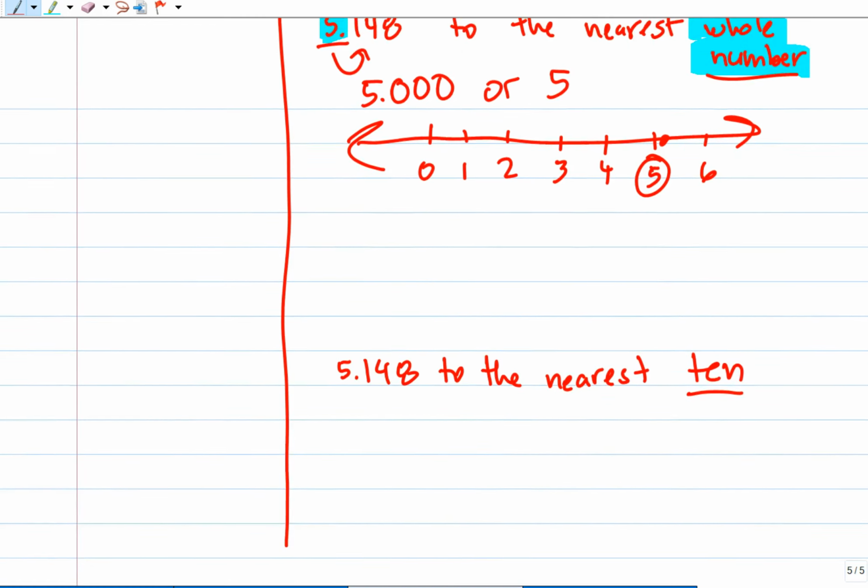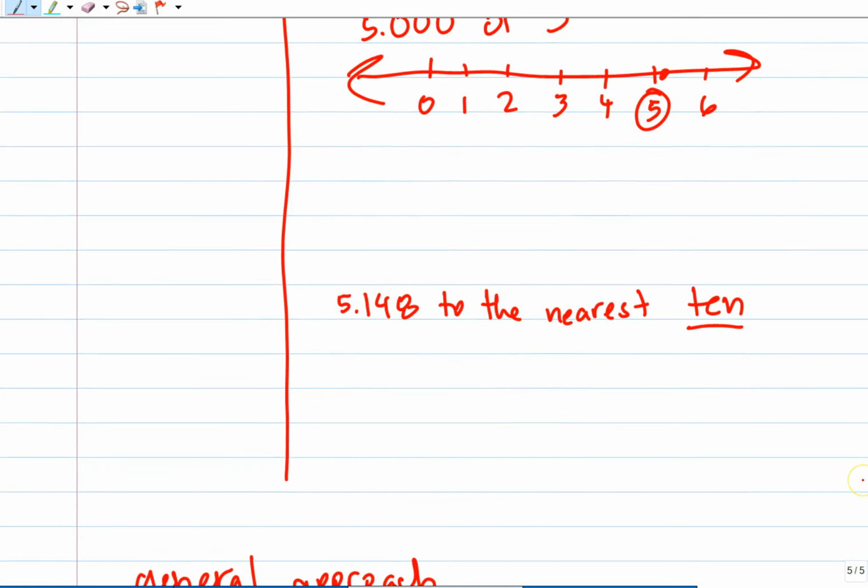Oh, we're not there. 5.148 to the nearest 10. 0, 5, 10. Oh, I'm going by 10, sorry. I'll get this right. 0, 10, 20. Well, 5.148. 5 is right in the middle. 5.1 is just after that, which means it's closest to 10.